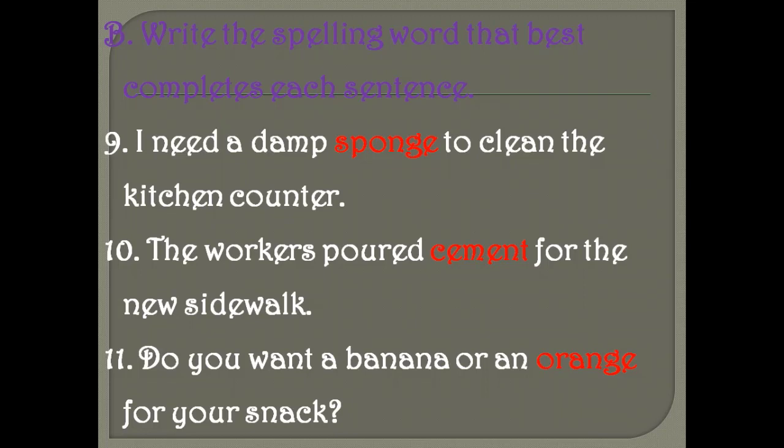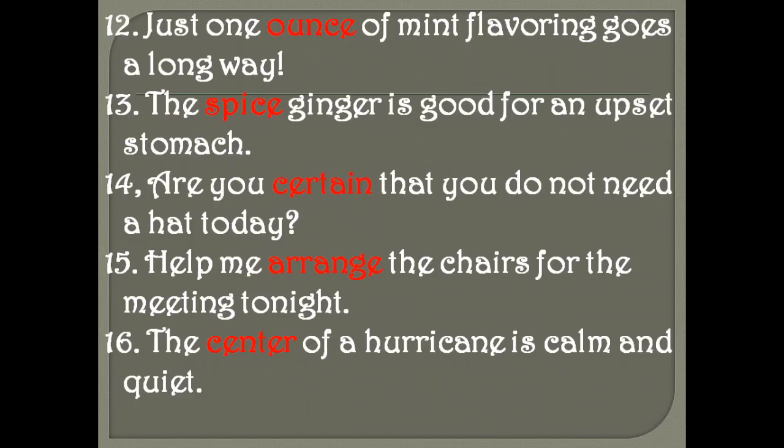The workers poured cement for the new sidewalk. 11. Do you want a banana or an orange for your snack? 12. Just 1 ounce of mint flavoring goes a long way.